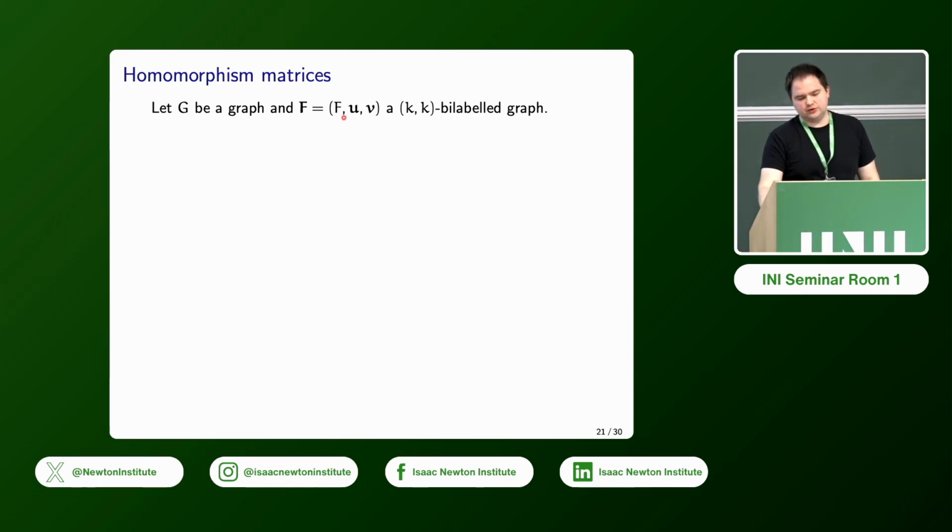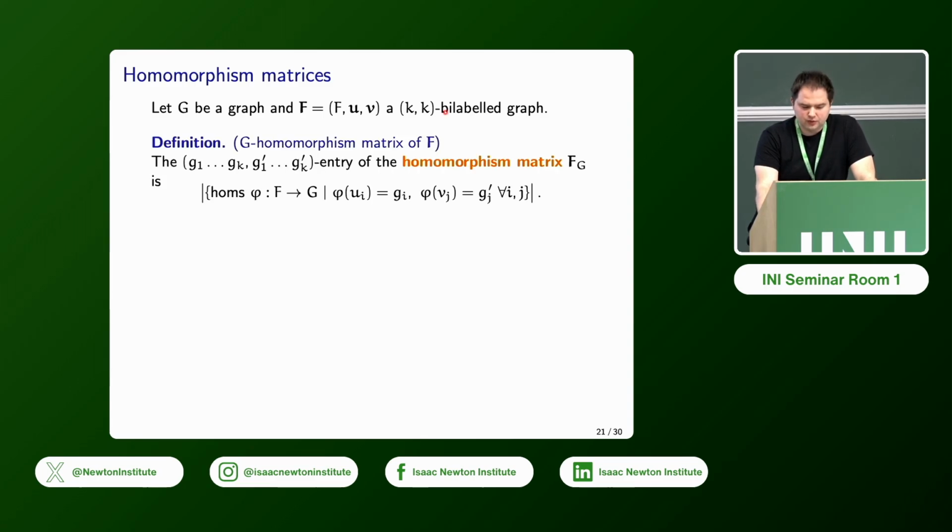Right, and we want to now represent the counting of homomorphisms by some kind of matrix representation. So here we have this kind of matrix representation.